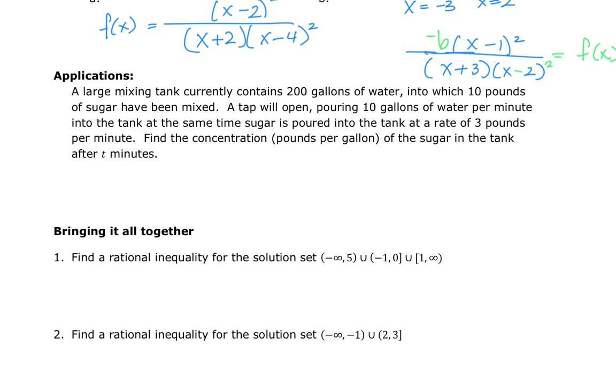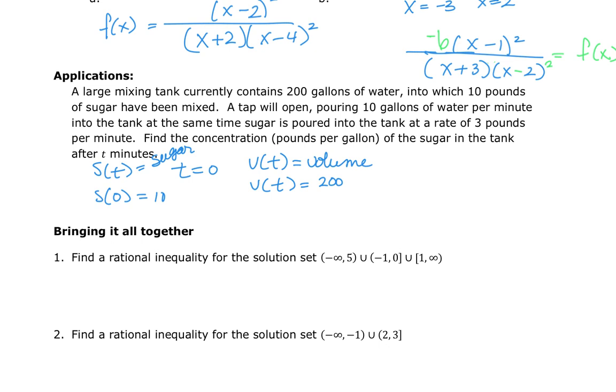So the first thing we want to do is, let's do S for sugar. Sugar at time t is going to be our function. When t is equal to 0, the sugar is 10 pounds at that very moment. Now, the volume of the tank is going to be V of t, so volume. This is the sugar. The volume at time t, V of t, is going to be 200, which is the initial volume, so V of 0 is 200.